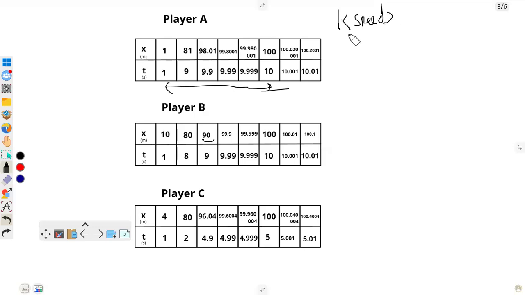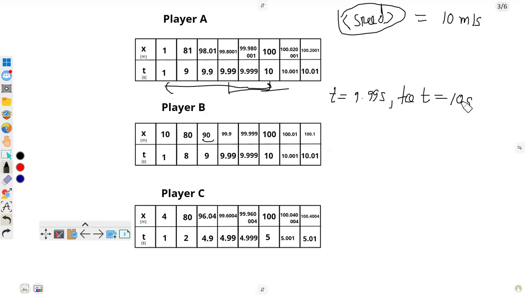This denotes average speed. Now the average speed actually turned out to be 10 meters per second. Let's see how far off we were from the average speed. Let us take the time interval between t is equal to 9.99 seconds and t equal 10 seconds.